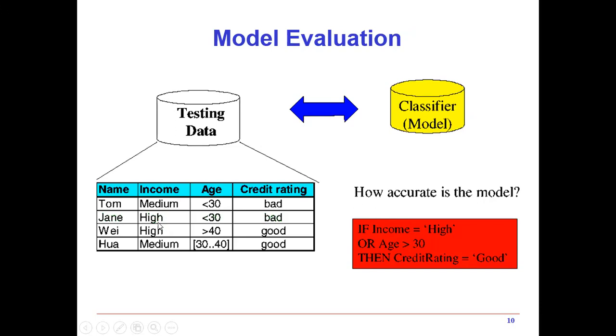Look at the second row, the name is Jane. The income is high, but the age is less than 30 and the credit rating is bad. According to the rule, the credit rating should be good, but it is bad. While for the third row, where income is high and the age is greater than 40, the credit rating is good.